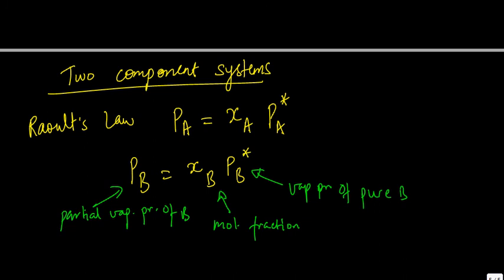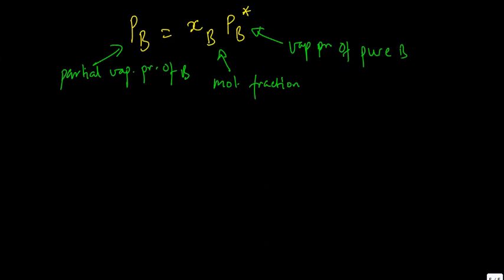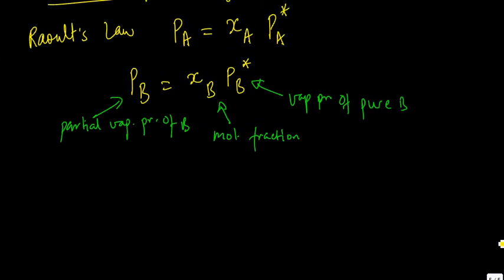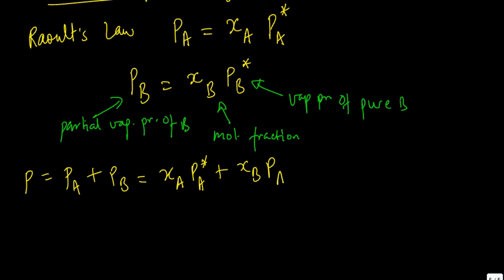And if I do a bit of algebra, the total pressure would be the sum of the partial vapor pressures, like it was the sum of partial Gibbs free energies or partial volumes. So P is equal to PA plus PB, which I can write as XA PA star plus XB PB star.